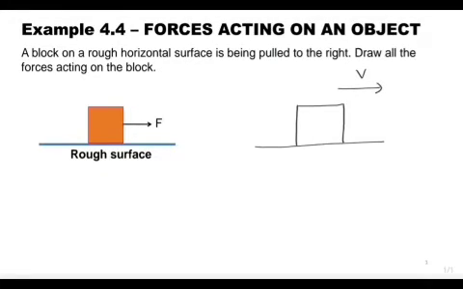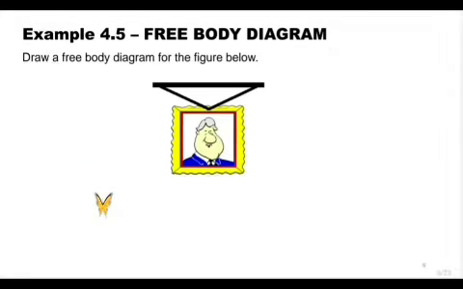Therefore, the forces that acting on the block will be the pulling force, weight pointing downward, normal force perpendicular to the surface, and frictional force in the direction opposing direction of motion. We have frictional force since the block is moving on the rough surface.